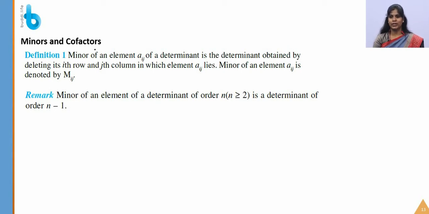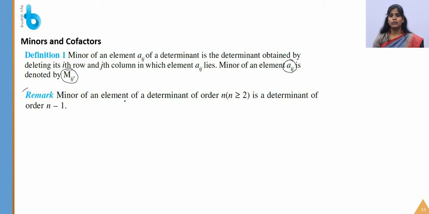First is the definition of a minor. The minor of an element Aij of a determinant is the determinant obtained by deleting its ith row and jth column in which the element Aij lies. It is denoted by Mij.